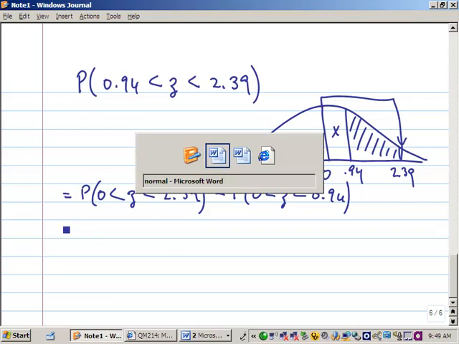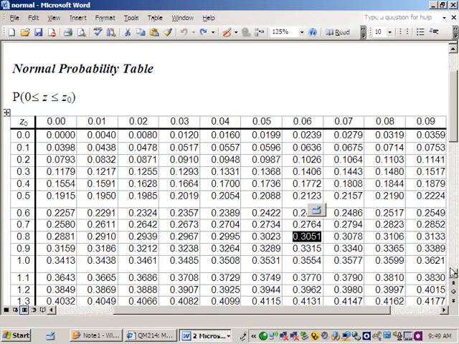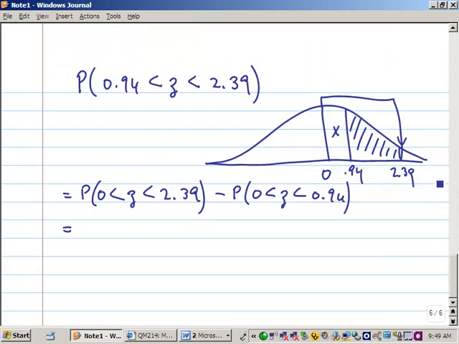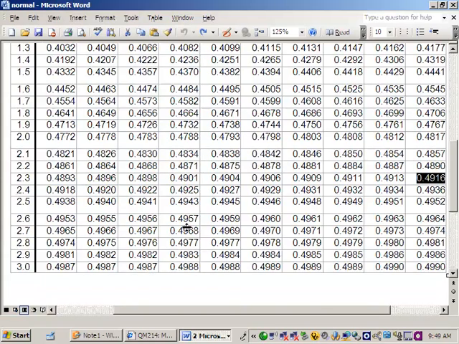Alright, so from 0 to 2.39, it's going to be hard to read, 2.39. Alright, 0.9 is that last column there. I have to make it look like this, obliterate the top so that you can see it on the screen. That's 0.4916 minus the probability from 0 to 0.94.